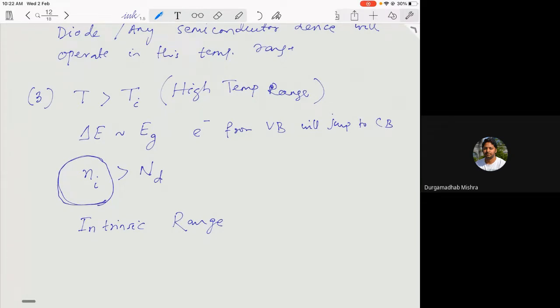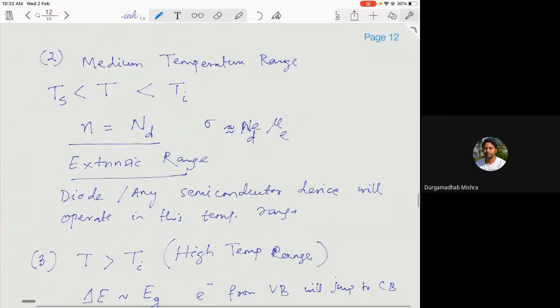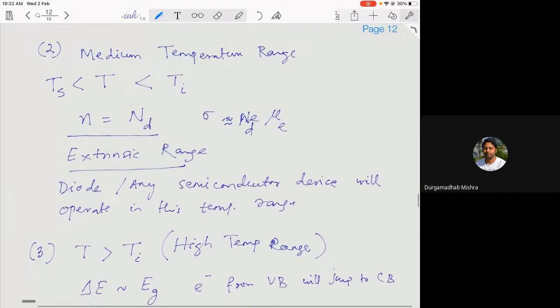The purpose of doping is, for example, in silicon, when we dope arsenic, at room temperature we can ionize all the dopants. That's why silicon is used for many devices at room temperature. Similarly germanium, or gallium arsenide.